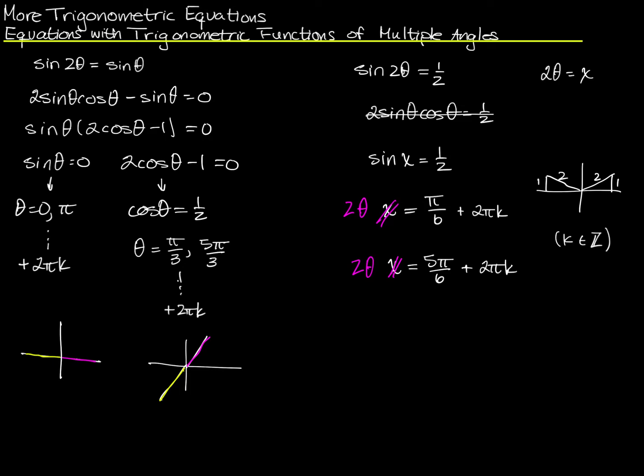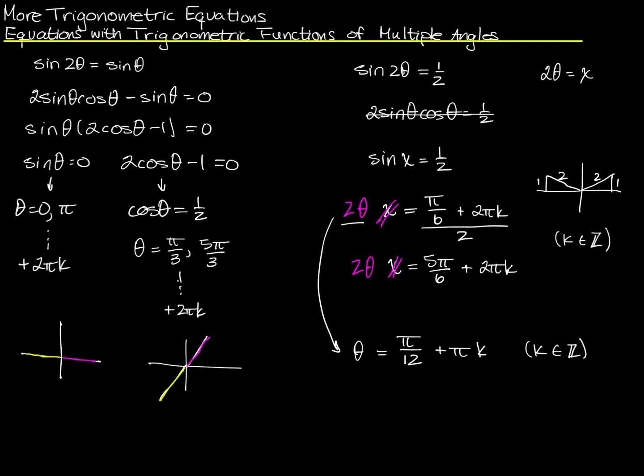So now I know that 2 theta is equal to this, so 1 theta must be equal to whatever I get when I divide both sides by 2. So let's write this one down here. Theta is equal to pi over 6 over 2 would be pi over 12. And here's the piece that a lot of students get wrong. 2 pi k over 2 is pi k. Still have to say that k is an integer.